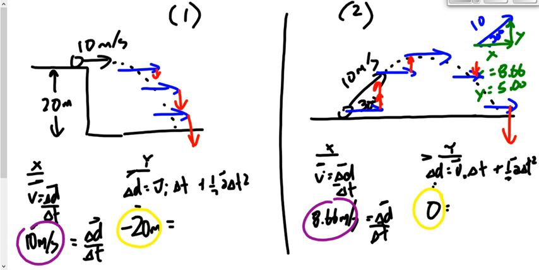That is for the vertical component, right? For the horizontal component, it's 10 meters per second. But for up and down, how fast is it moving initially? Rachel? 0. And we don't know what the time is, but it doesn't really matter because 0 times time is 0, right? What would be the initial vertical velocity here?